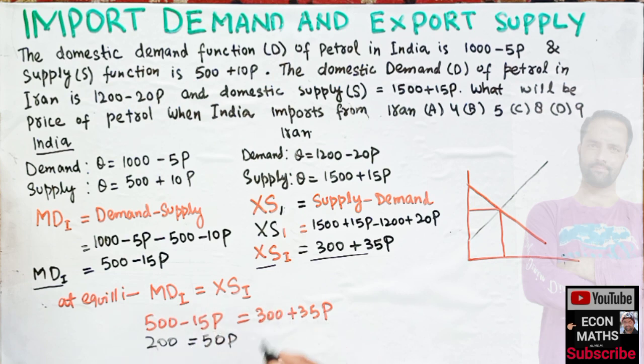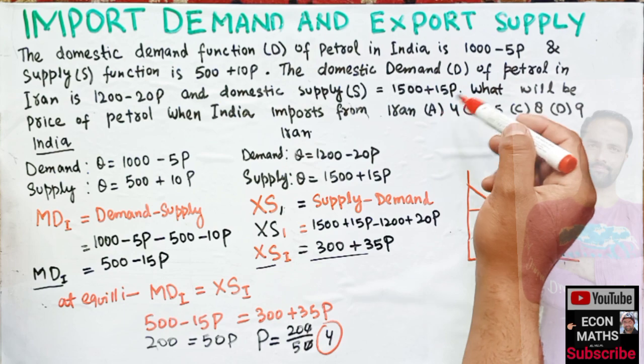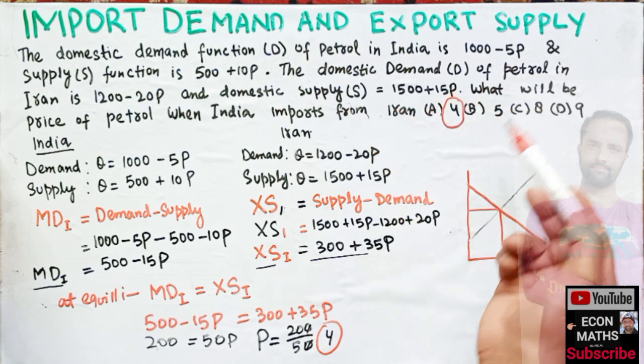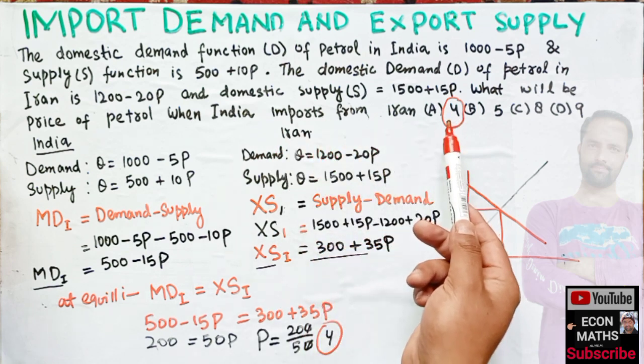So our price will be equal to 200 upon 50, which is 4. So India will import from Iran at a price of 4 rupees or dollars, whatever is being given. That means the equilibrium price of petrol when India imports from Iran will be 4.